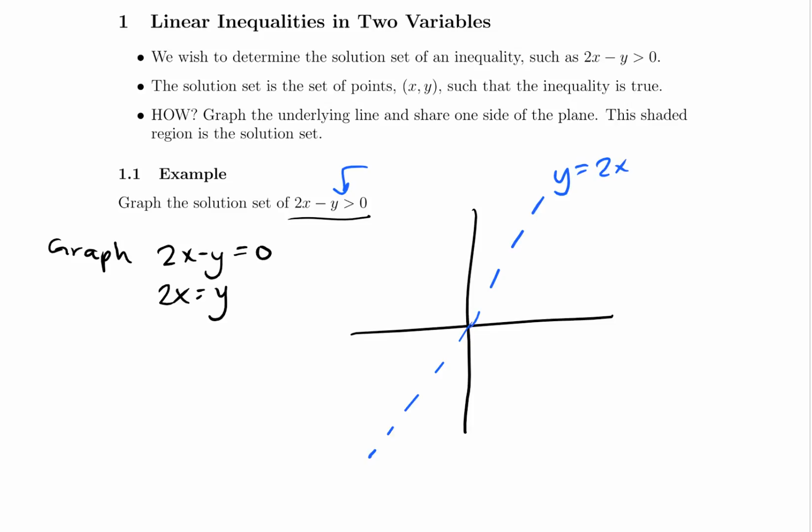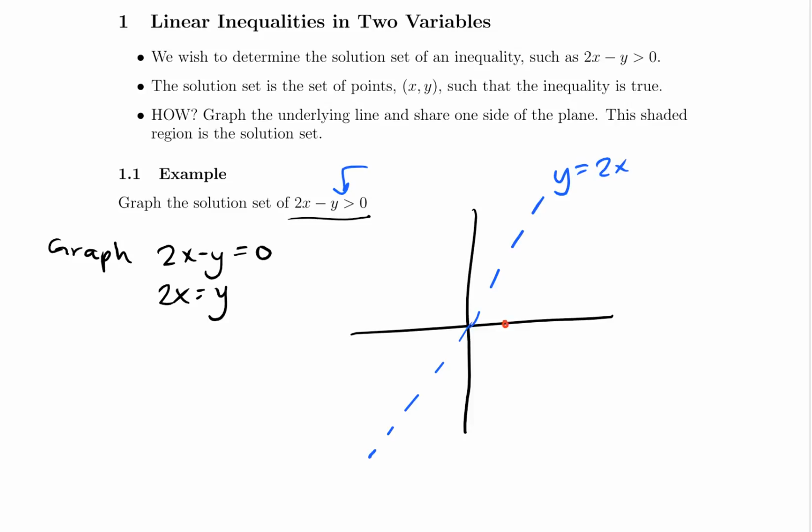Now, we need to figure out what other points are going to be solutions to our inequality. Anything that's on this dotted line is not a solution, right? Because if it's on the dotted line, then 2x minus y actually equals 0. So what we do to figure out which set of points are going to be our solution is that we pick a point anywhere on the plane that is not on that dotted line.